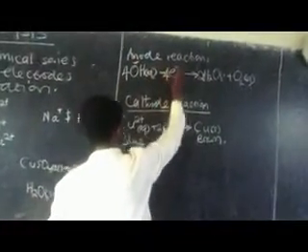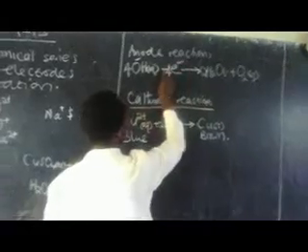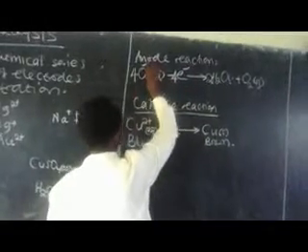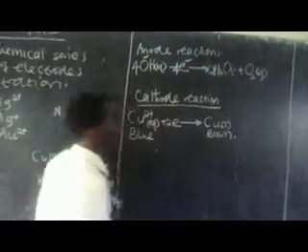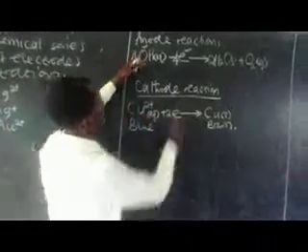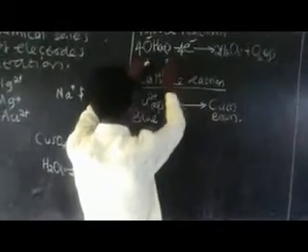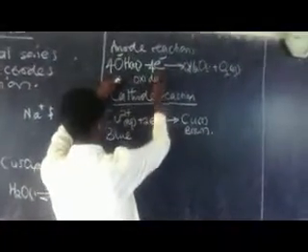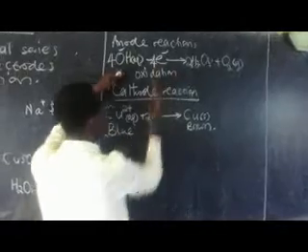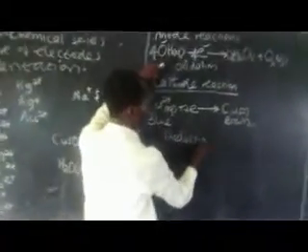Put the 4 charges, take off the 4 electrons. Negative becomes positive, plus this 4 negative goes to 0, balanced charges. So this is oxidation. At the anode, it is oxidation because we are losing electrons. This is reduction because we are gaining electrons.